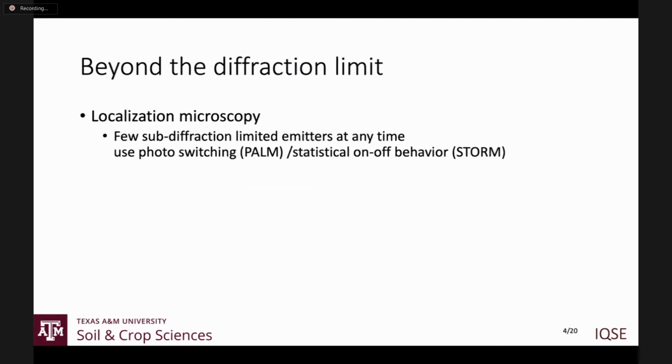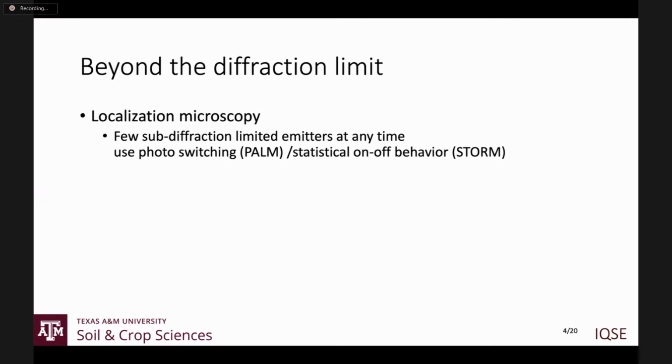When we want to go beyond the diffraction limit, one of the first methods demonstrated uses very few emitters that are switched on and off while you're measuring. These few emitters are far enough apart to be isolated, and you can fit where their exact position is, rather than getting a diffraction limited spot.